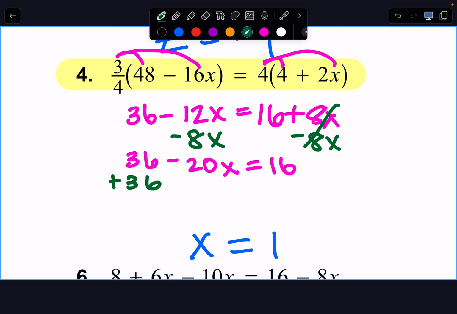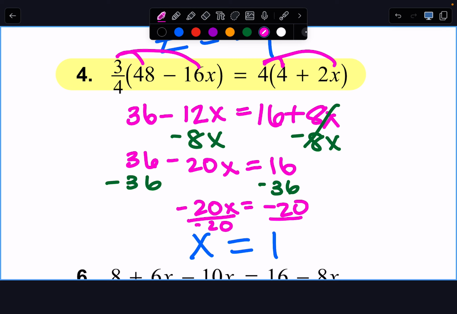If you add 36, does that cancel out? No. So let's minus 36. So we have negative 20x equals negative 20. So when we divide by negative 20, that's how we get our positive 1. Okay.